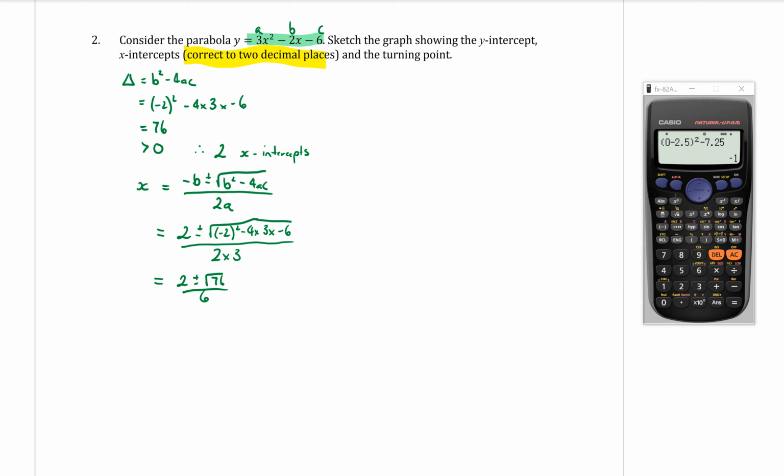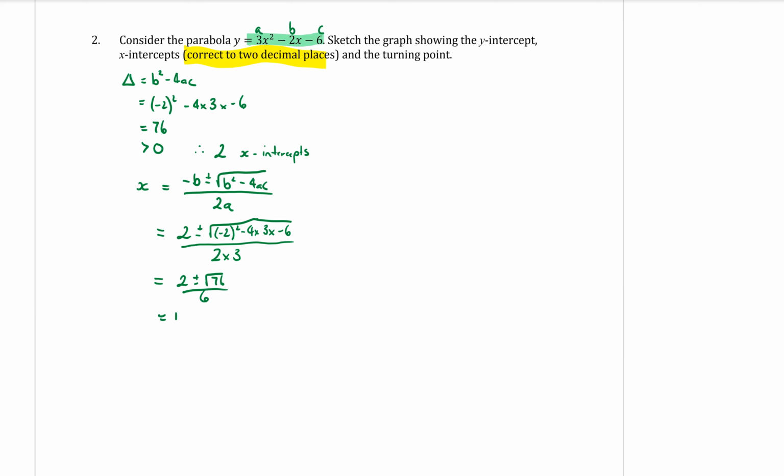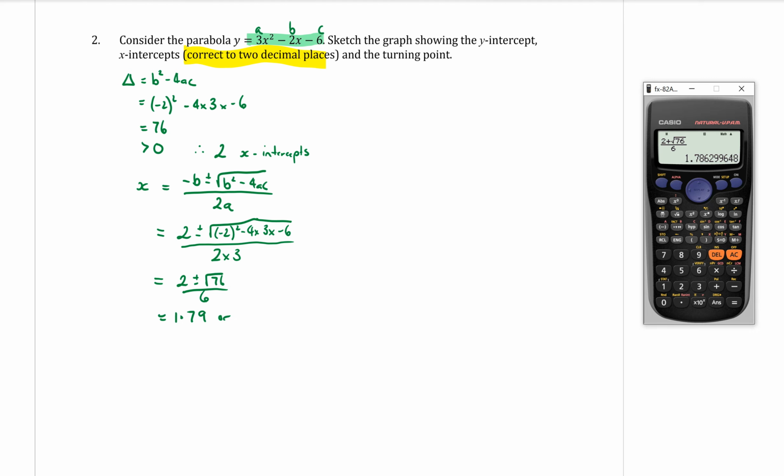So you would then type those into your calculator. You would go 2 plus square root of 76 all over 6, which is 1.7879 when I round it. Or change that sign to a minus sign.